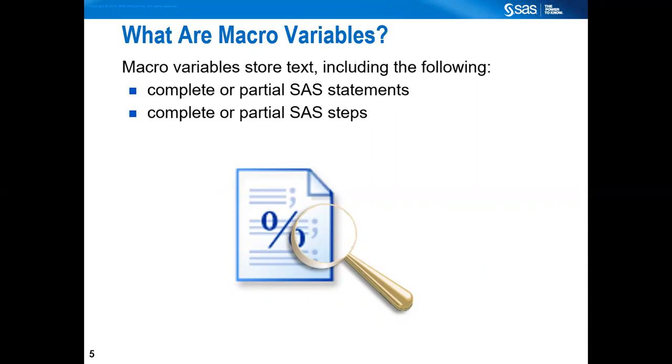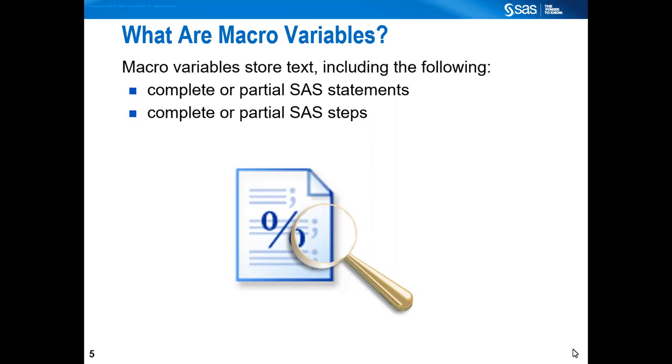So macro variables, of course, store text, including either partial or complete SAS statements or partial or complete SAS steps. Okay, so at this point, just understand that macro variables store text, and this text could be complete or partial SAS statements or complete or partial SAS steps as well.